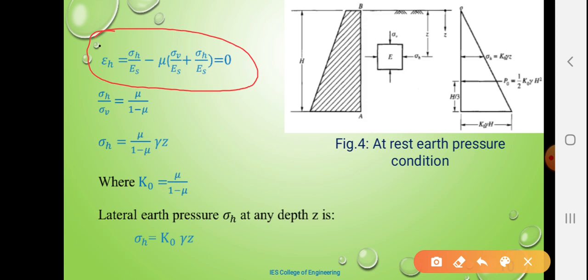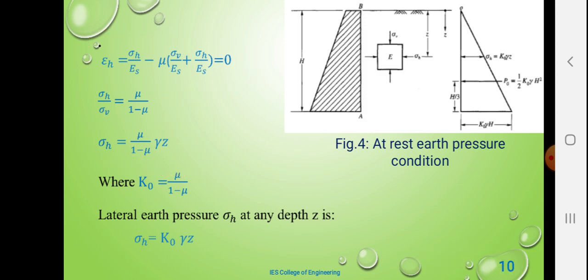We can convert the equation like this: sigma H by sigma V equals mu by 1 minus mu. So, sigma H equals mu by 1 minus mu into gamma Z, and K0 equals mu by 1 minus mu. So, sigma H at any depth Z is K0 gamma Z.